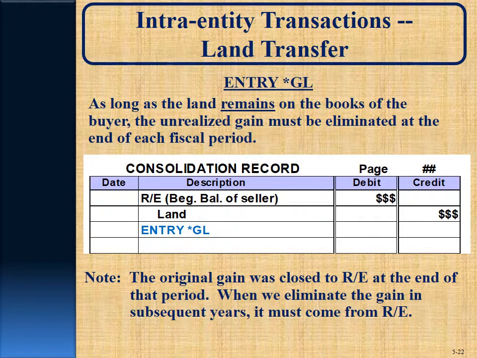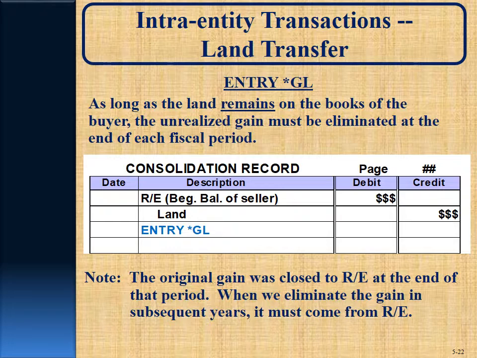So, take a look on page 221. Here, Hastings sold land that originally cost $60,000 to Patrick at $100,000. So what we are really going to achieve here is to act like we never sold the land. Because now Patrick will record it on their books, Hastings will record it on their books.